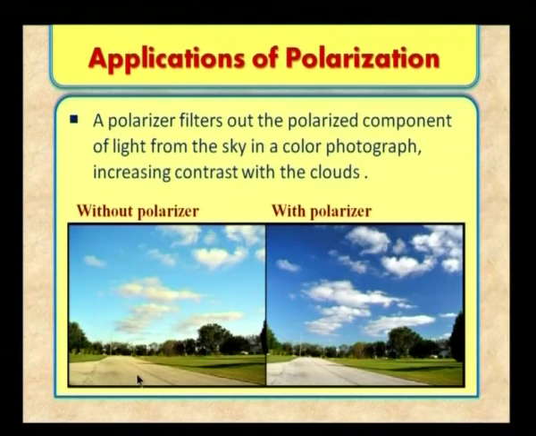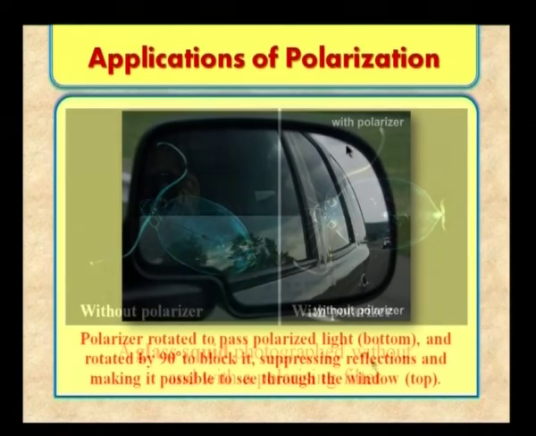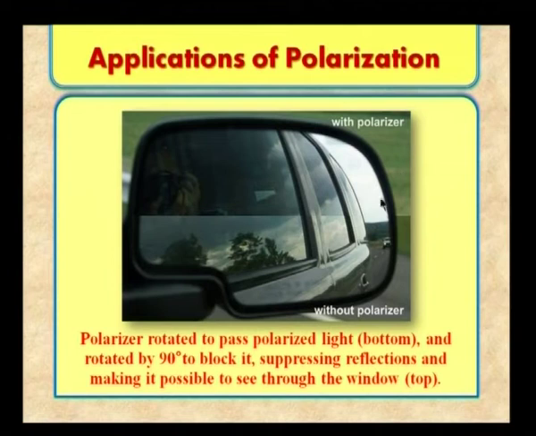You see the difference between this figure, the left hand side, that you obtain without polarizer, and the right hand side with polarizer. The contrast gets improved because you are cutting off the unwanted polarized light. Now again you see here without polarizer and with polarizer, a glass photograph without and with a polarizing filter, the clarity is better.